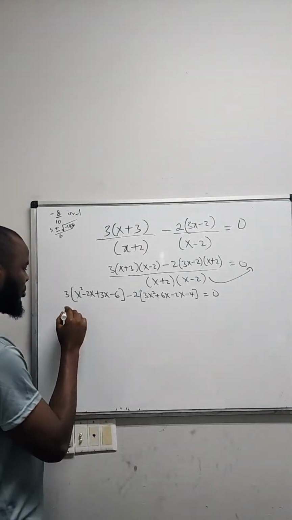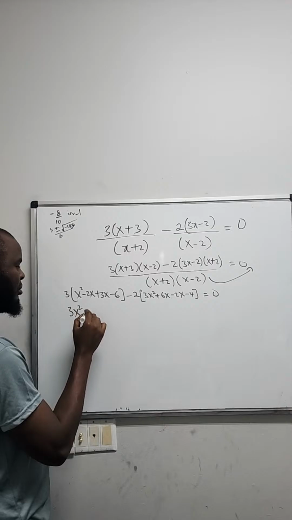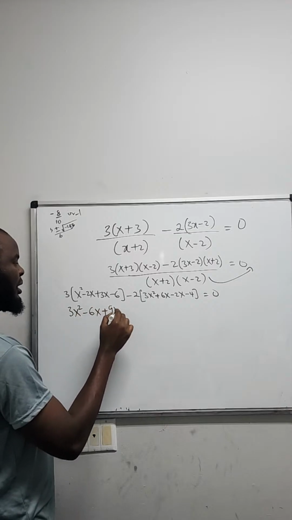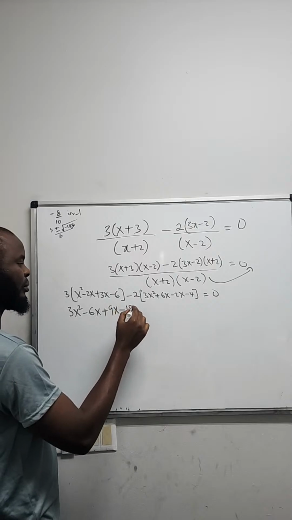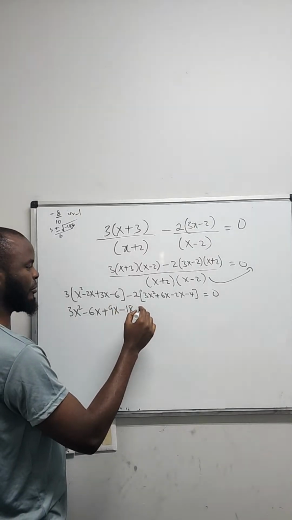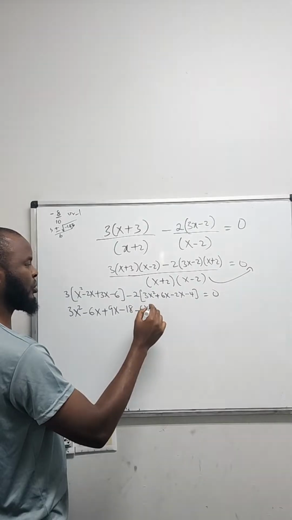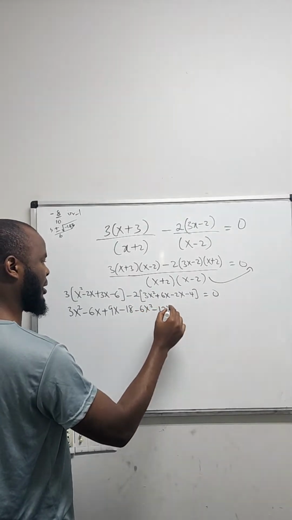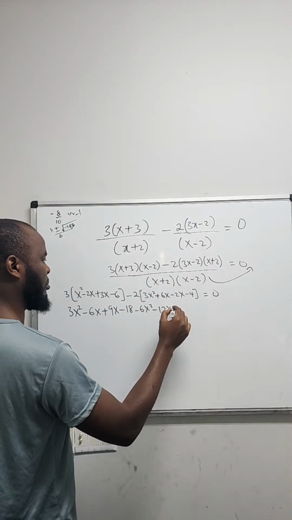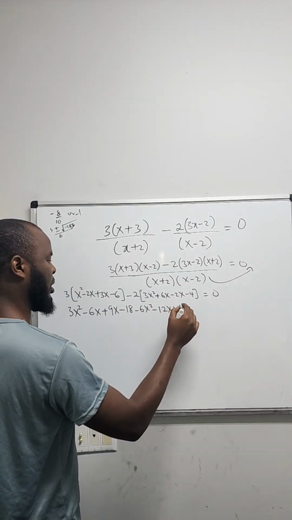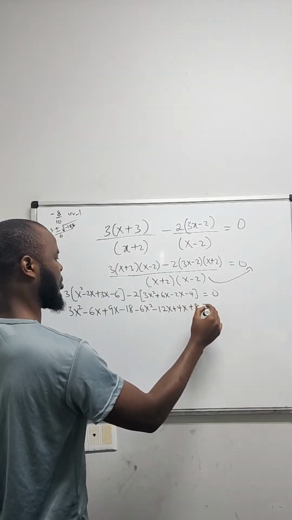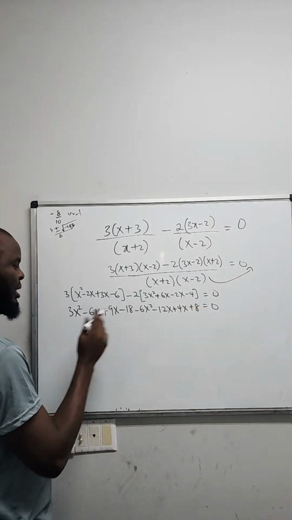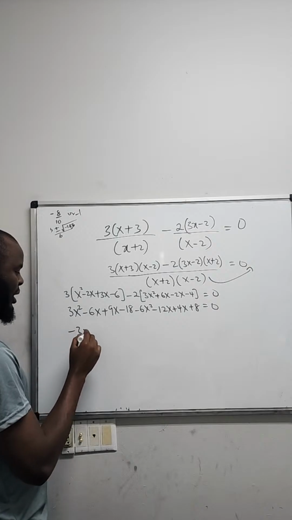So here we have 3x squared minus 6x plus 9x minus 18 minus 6x squared minus 12x plus 4x plus 8 equals 0, right? Collecting like terms, 3x squared minus 6x squared, we have negative 3x squared.